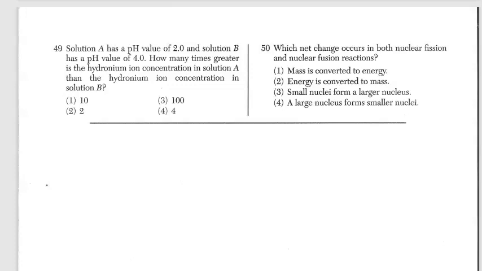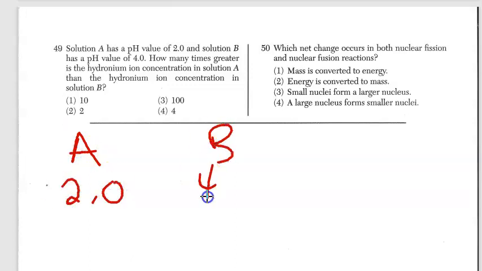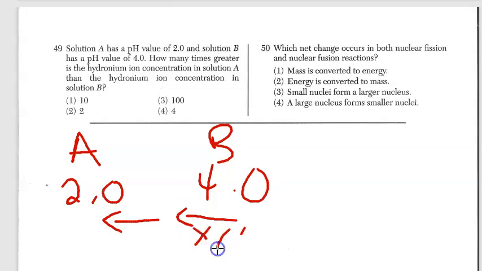Anyway, it makes it more acidic. So solution A, 2.0, solution B, 4.0. With every move down the pH scale, that increases the hydronium ion concentration by a factor of 10. So 4 to 3 would be 10 times. 3 to 2 would be another 10 times. 10 times 10 is 100, and that's our answer.